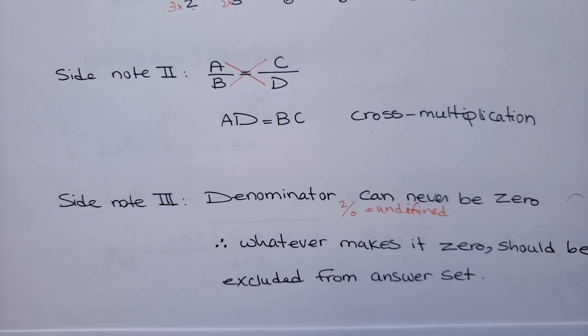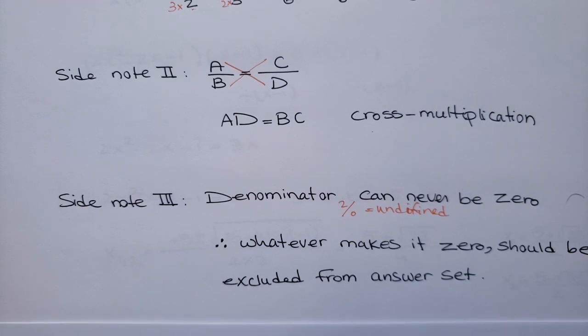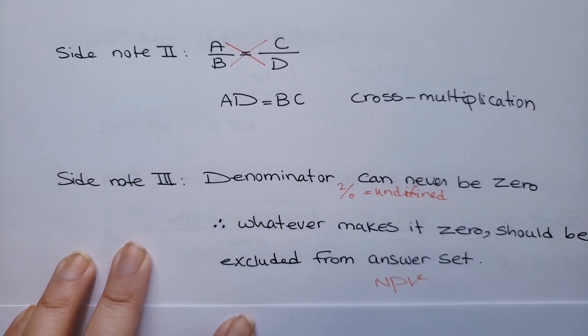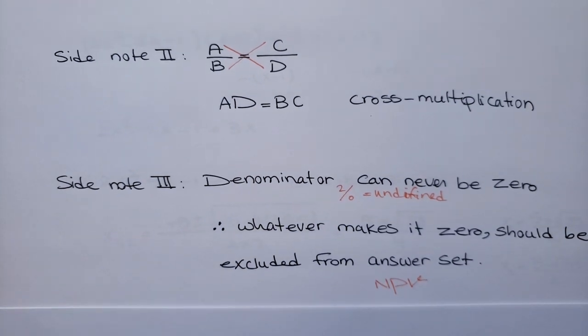These values which make the denominator 0 are called non-permissible values, or for short, NPV. So before solving a rational equation, you first have to find the NPV, the values which make the denominator of each fraction 0.